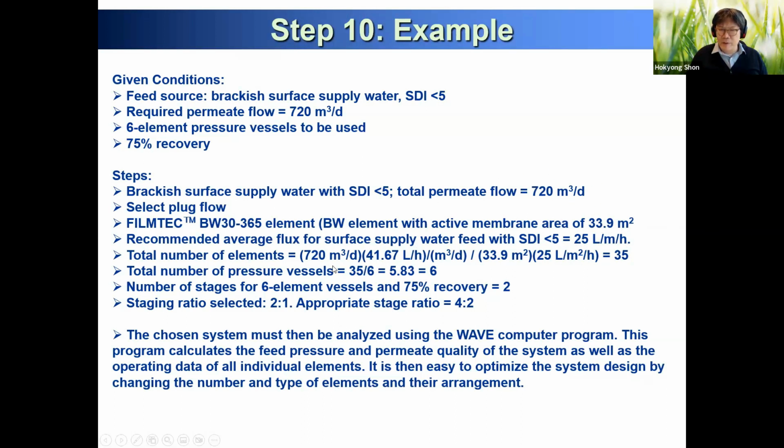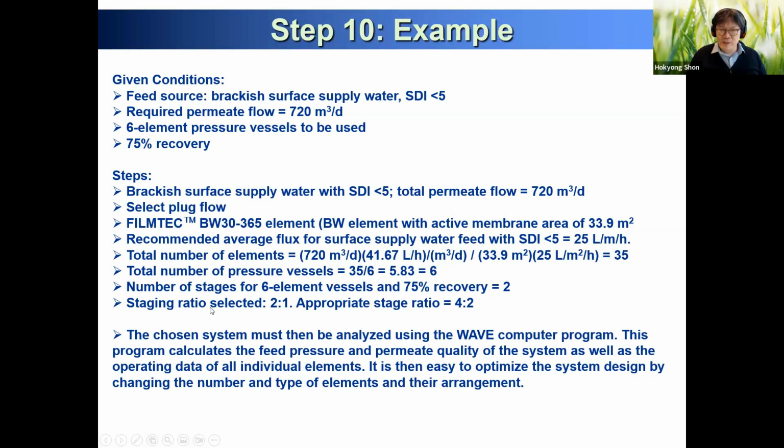Our design permeate flow is 720 cubic meters per day, which is 41.67 liters per hour, with 33.9 square meters of membrane surface and 25 LMH for average flux, which means we need 37 elements. Then these 37 elements go in 6-element pressure vessels. We need to put 6 in every pressure vessel, which gives 5.8, so we will get 6 pressure vessels.